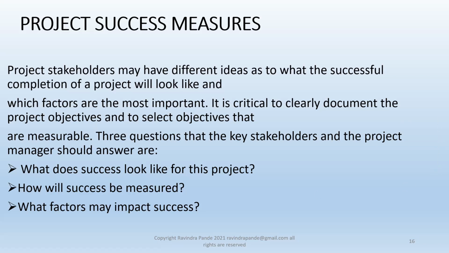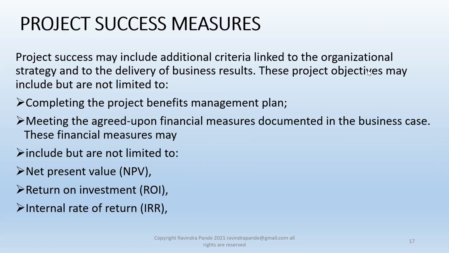These are kind of KRAs, as we normally call them, key result areas for a given project manager. The project success measure in a numeric way is what we call mature project management or evolved project management, and this is what we normally refer to as key numeric metrics to be tracked for a project in terms of its success measures.